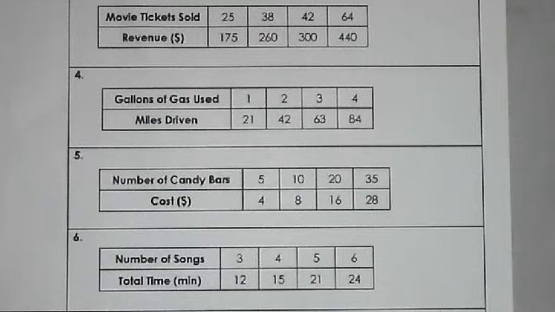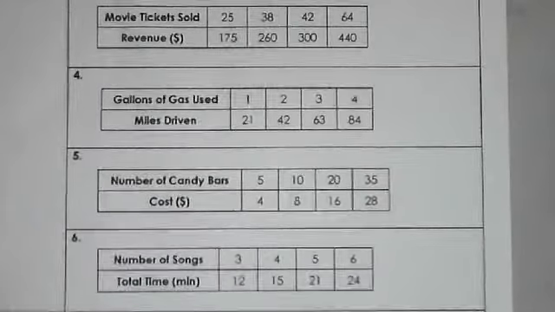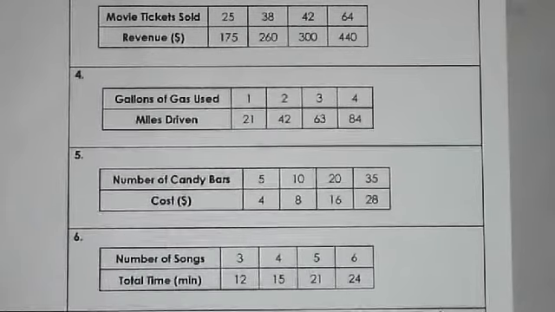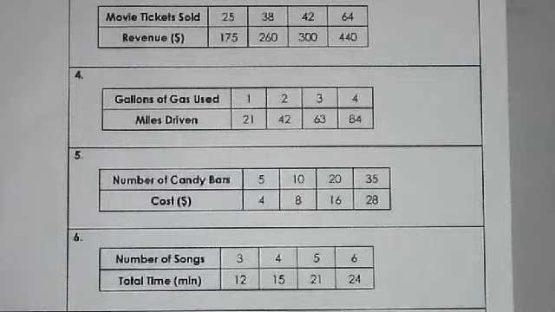All right, guys, let's go ahead and talk about these. So on number 3, we're talking about the number of movie tickets sold compared to the revenue. What does revenue mean? Money. Money what? Is it money spent, money brought in? Money made. It's the amount of money that the movie theater brings in.